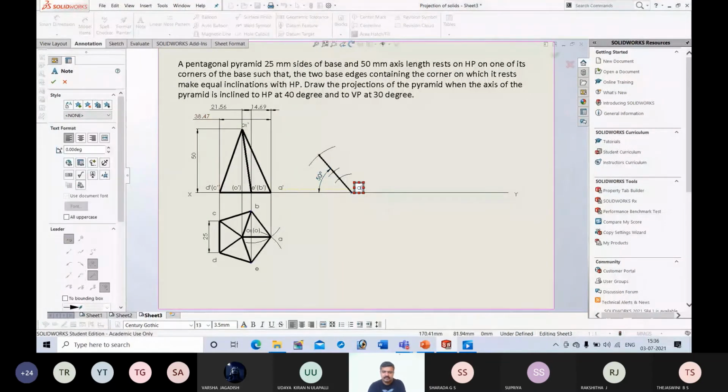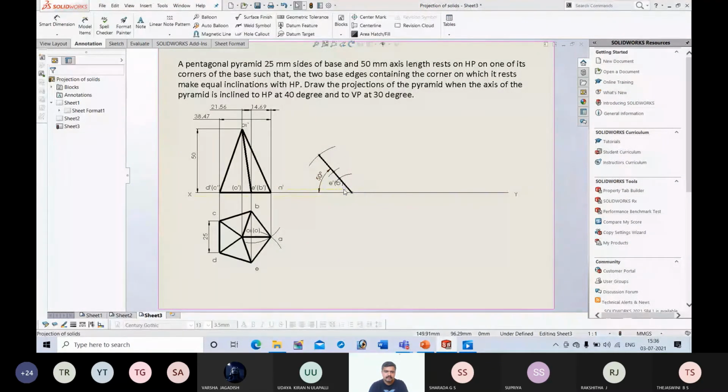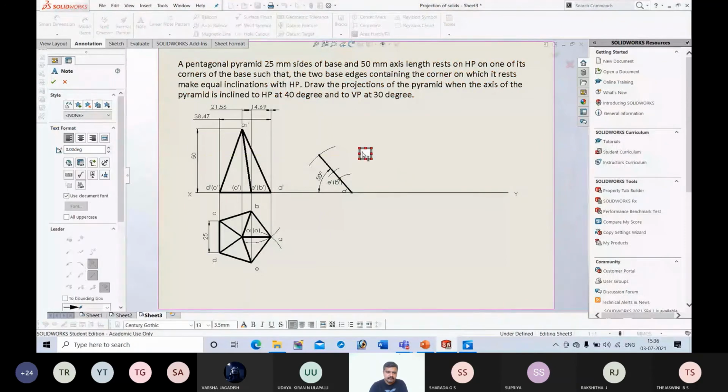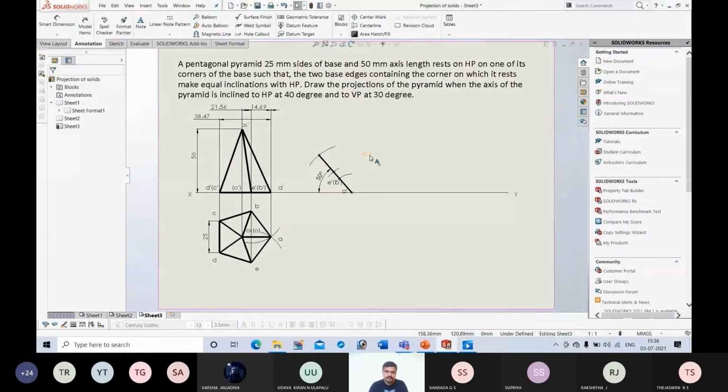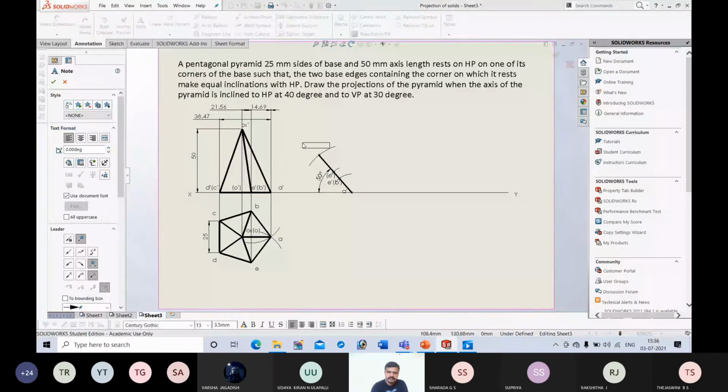Okay, this is A dash, then this is E dash, then B dash. Next, O dash. Next, D dash, C dash.